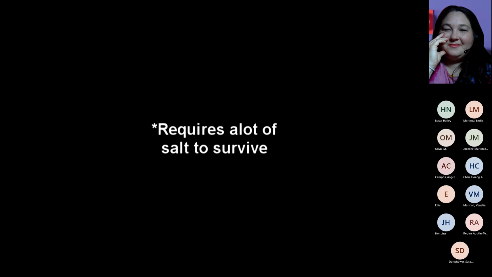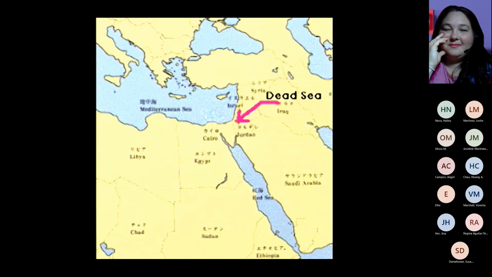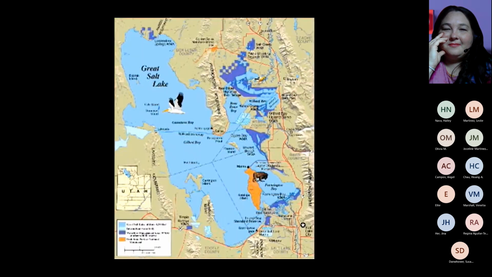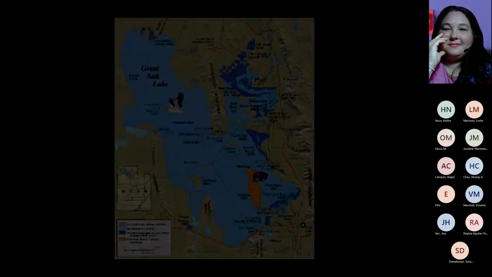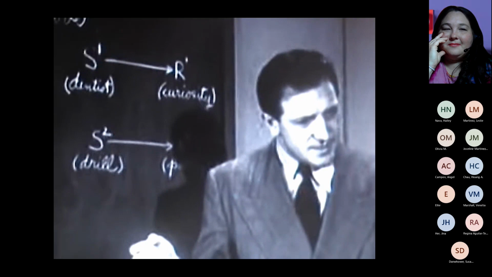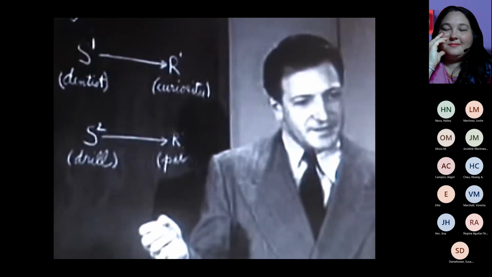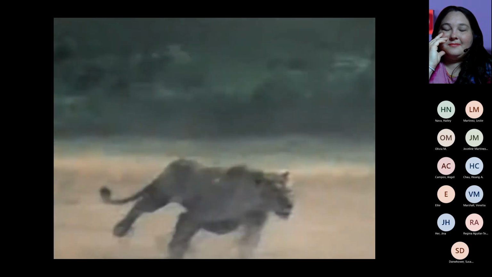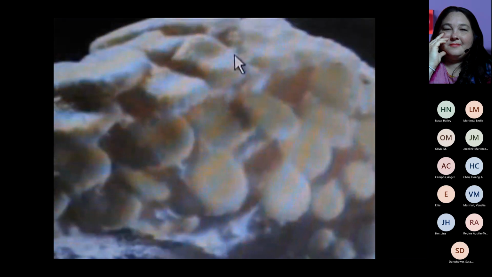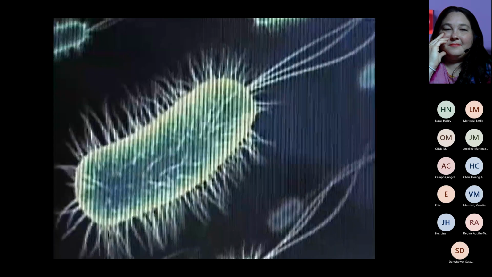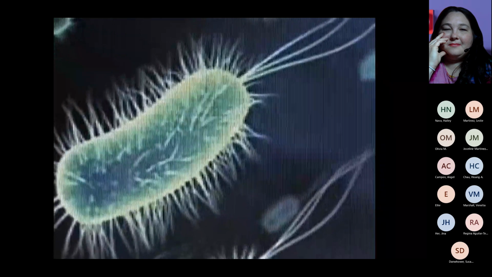It requires high concentrations of salt to survive. It lives in the Dead Sea and the Great Salt Lake. Until the 1950s, biologists thought that there were only 2 kingdoms. One for animals and one for plants. Boy, were they wrong. They had no kingdoms to cover fungi, protists, and bacteria.